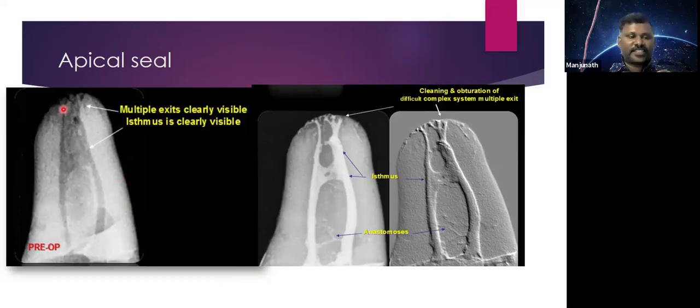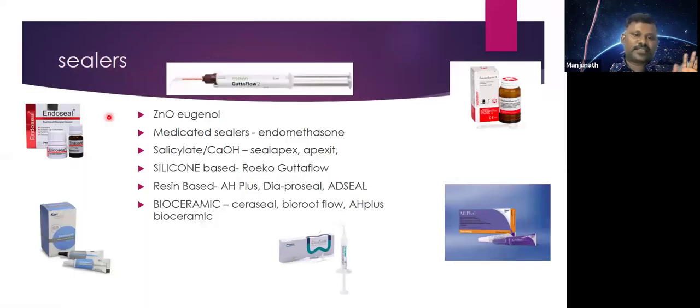But suppose there are variations, multiple accessory canals or multiple connections at the apical region, or a single large canal with adjacent multiple accessory canals, what will the apical seal be? Your endodontic sealer will fill that region.